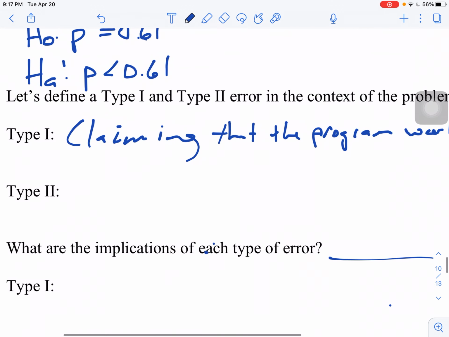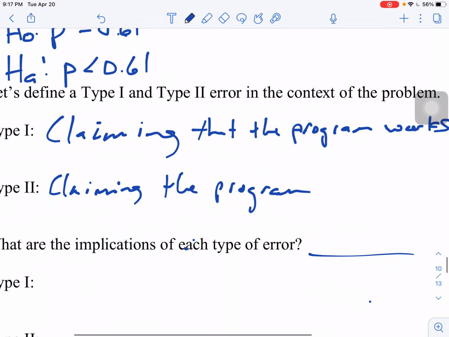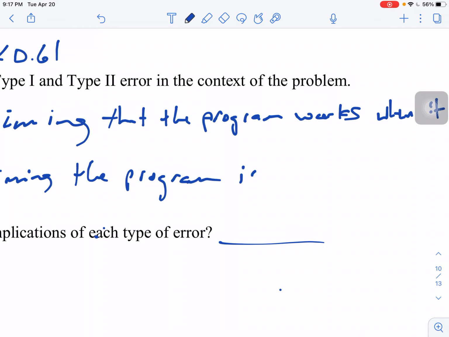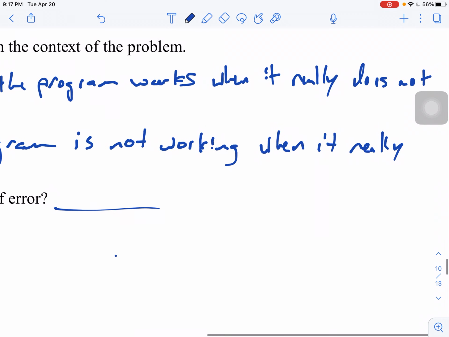So a type 2 error would be claiming the program is not working when it really does work.